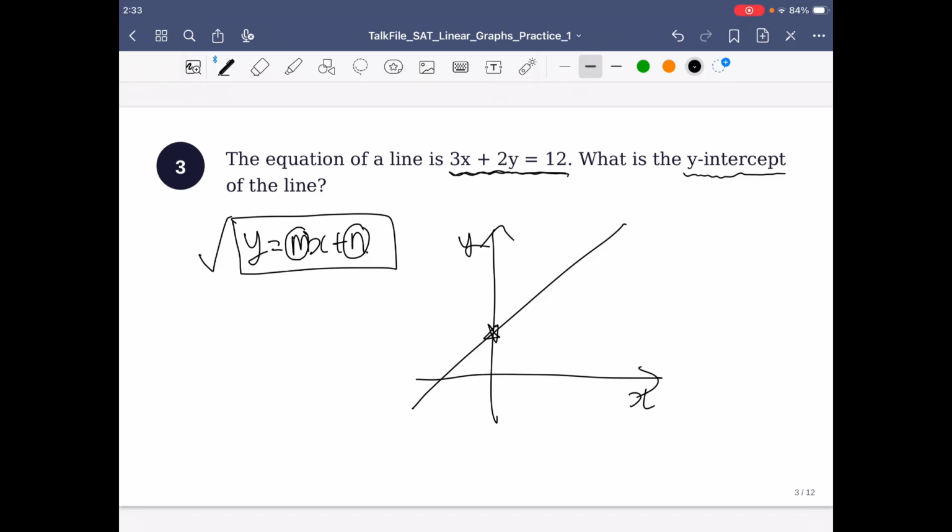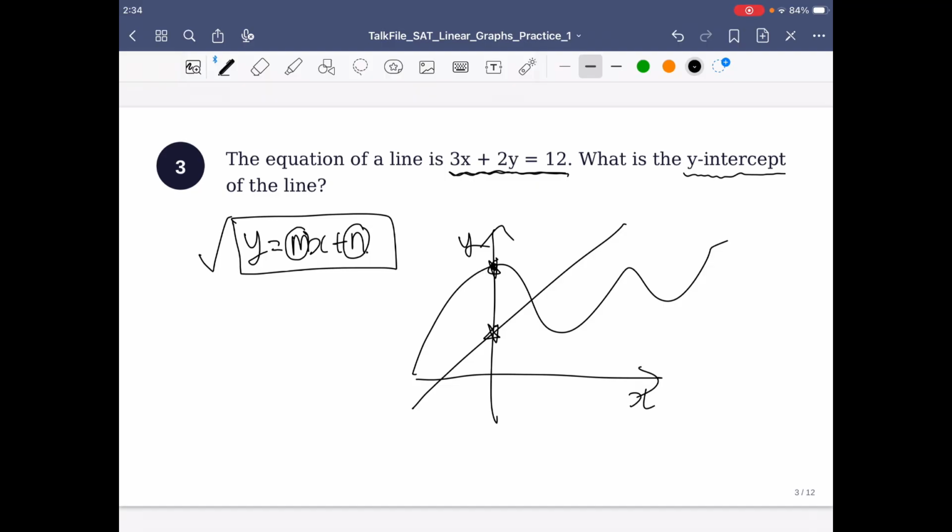Not only in line graphs, but if you see any random graph, where this graph crosses the y-axis is also the y-intercept. Then another question would be, how do we find the y-intercept?